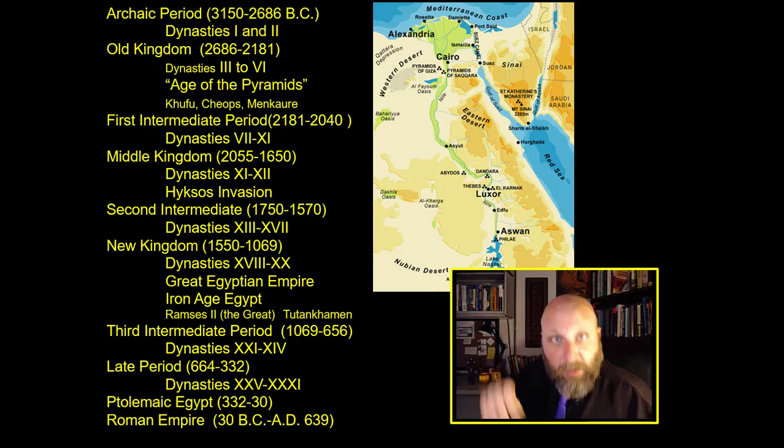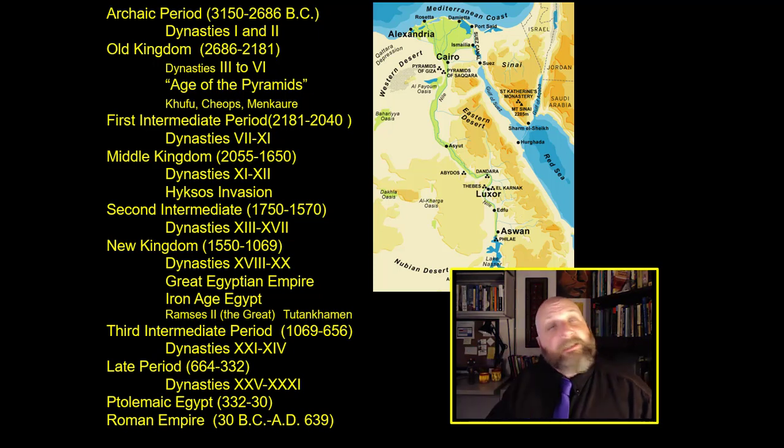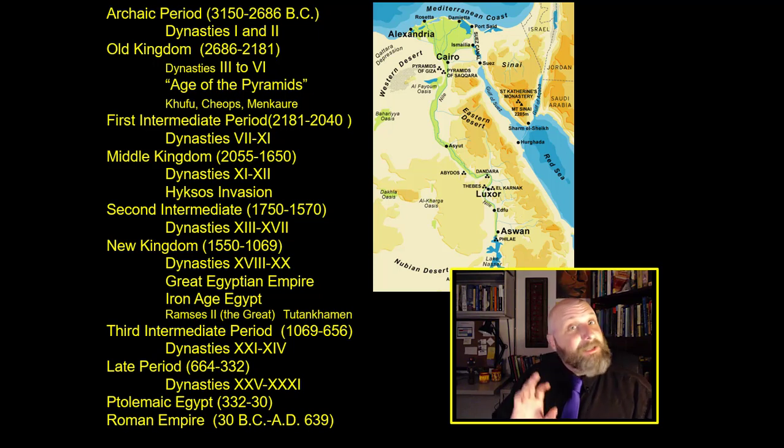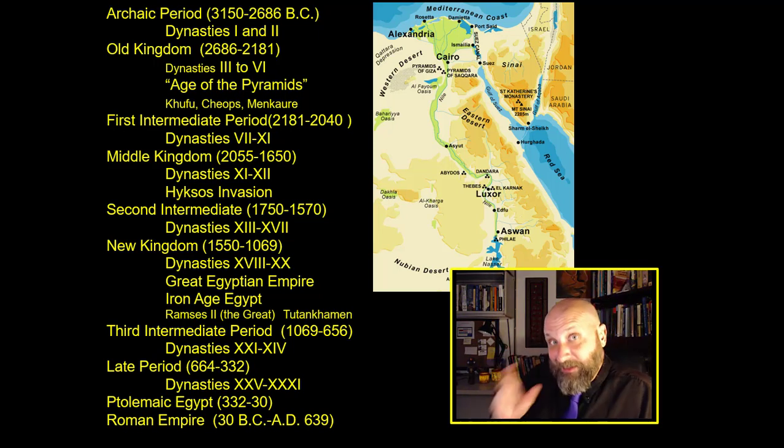The Hebrews, the Jews, were slaves in Egypt right there in the New Kingdom. This should immediately cause a problem for one of our hypotheses. And you should probably pause the video and write down what that problem is and maybe subtract two numbers to get a period of time.